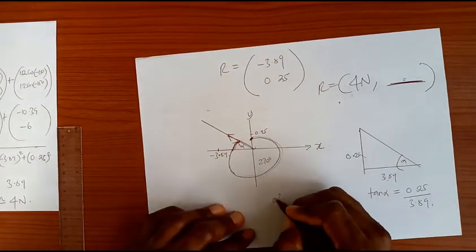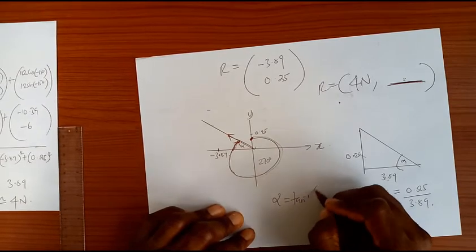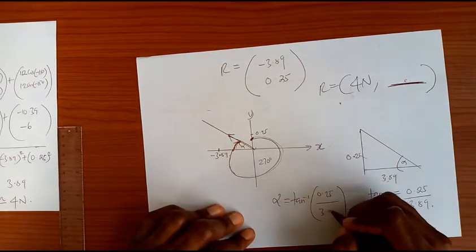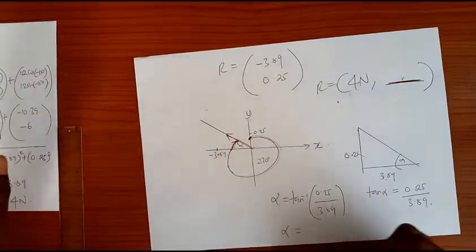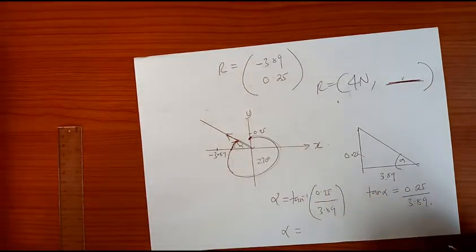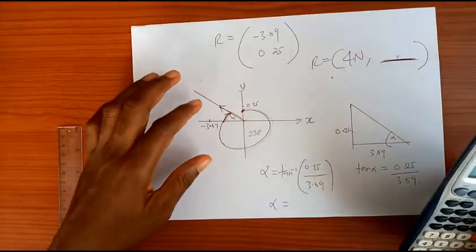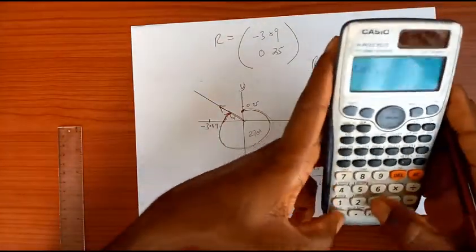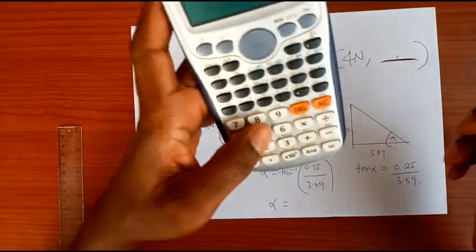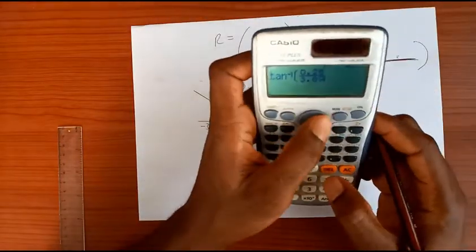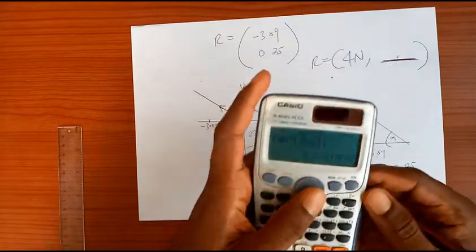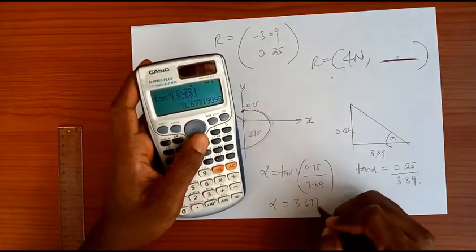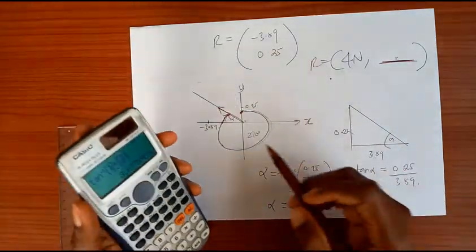So my alpha is the tan inverse of 0.25 over 3.89. So calculating, shift tan 0.25 on 3.89 gives me 3.677, and so on.